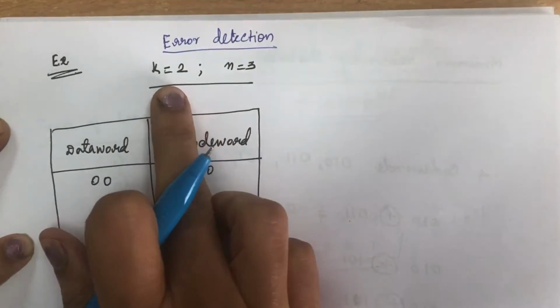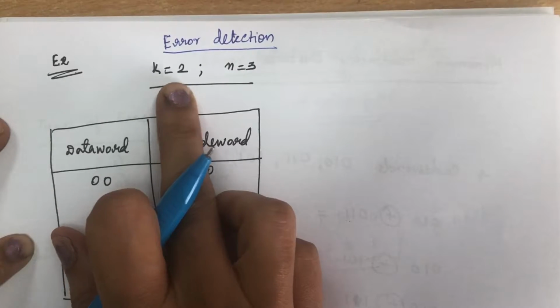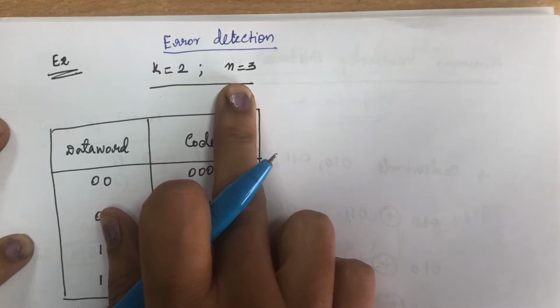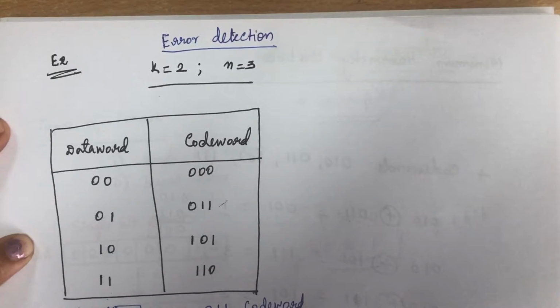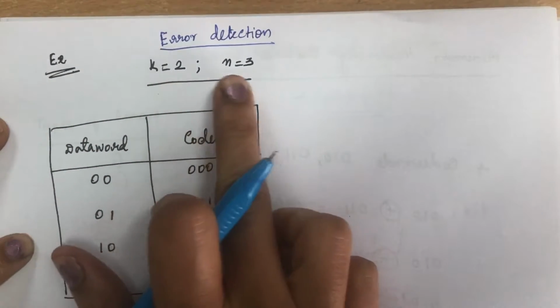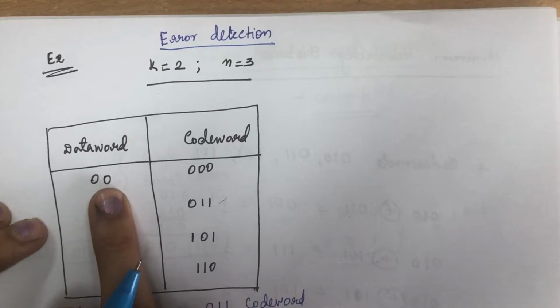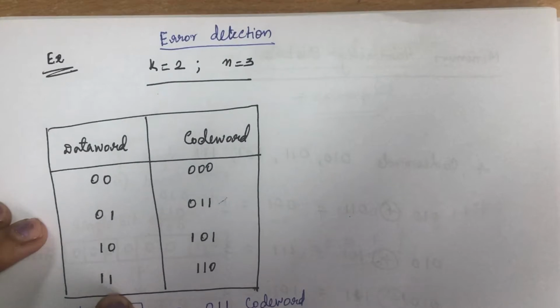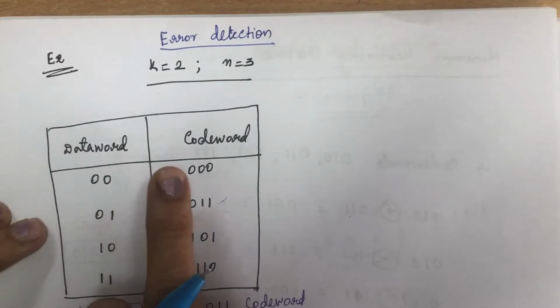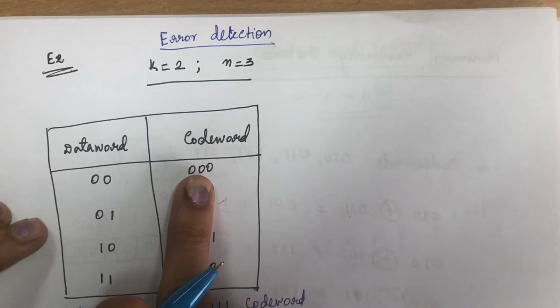Consider that the data word contains 2 bits and the code word contains 3 bits. For example, the data words we have to send are 00, 01, 10 and 11. This is the set of data words we have been given. Now we need to convert them into code words by adding a redundancy bit.